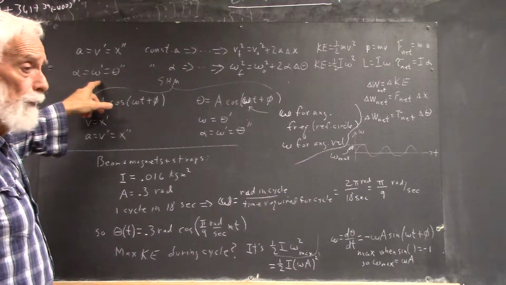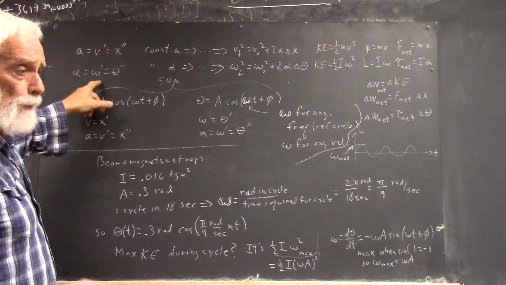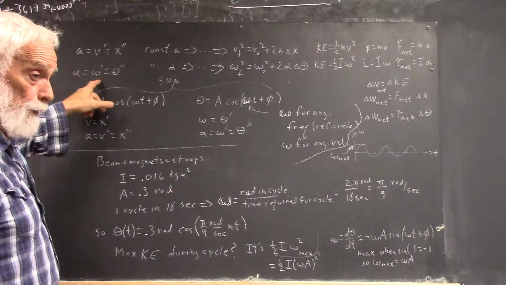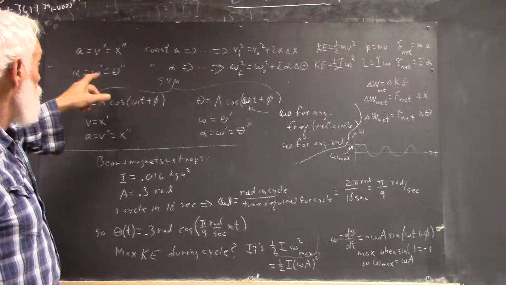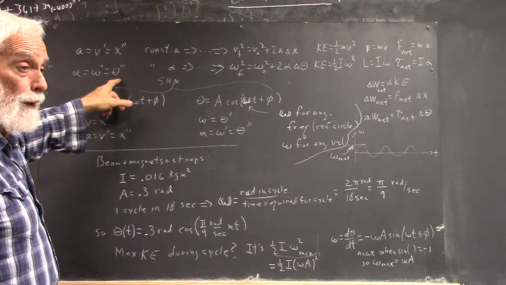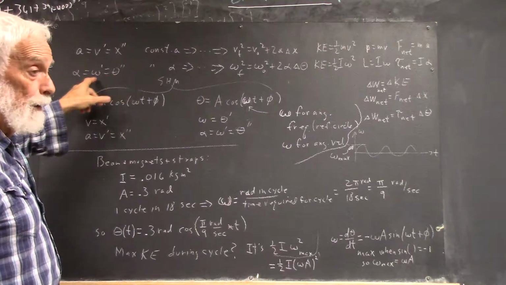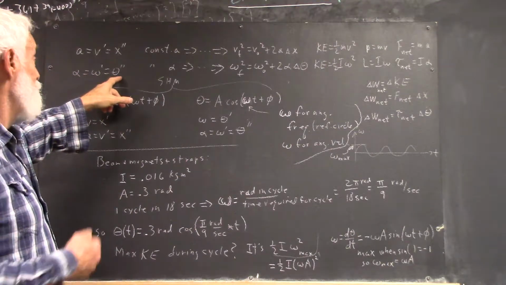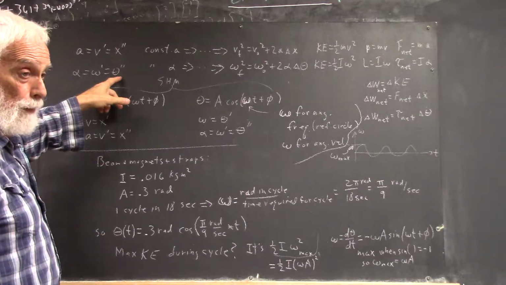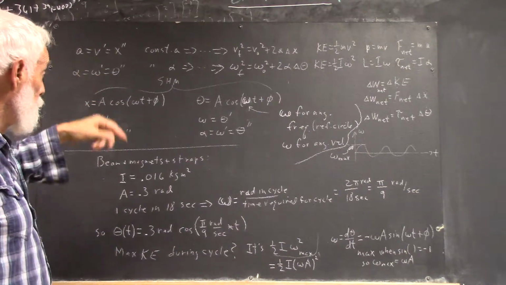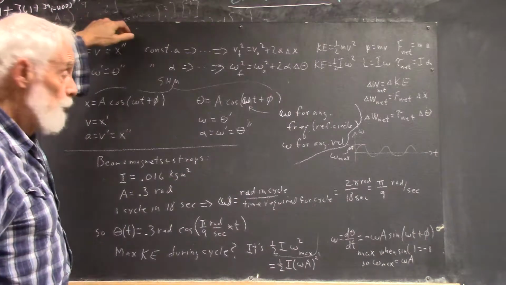Angular acceleration is the rate of change of angular velocity, so it is the second derivative of the angular position. These expressions are all equal to the angular acceleration, totally analogous to what you have here.